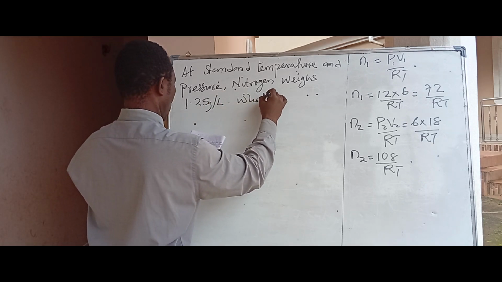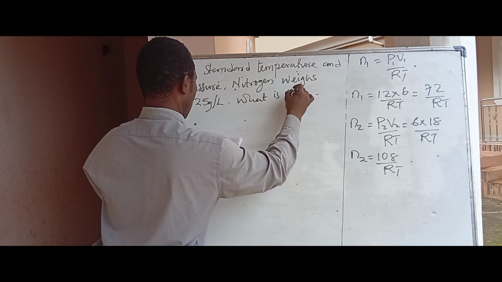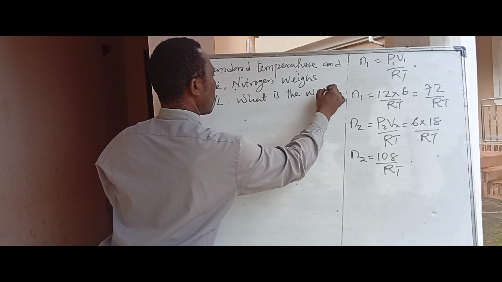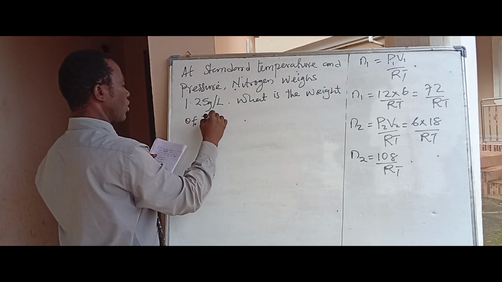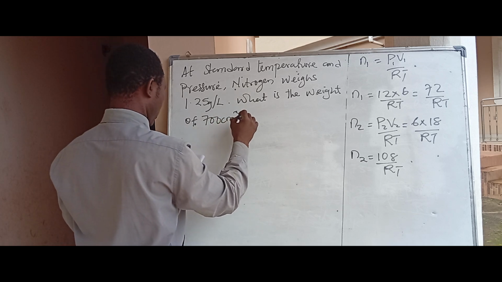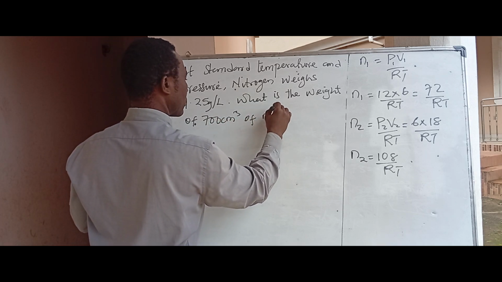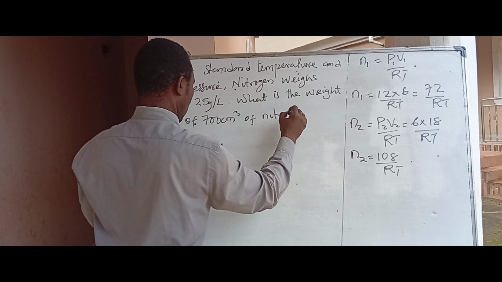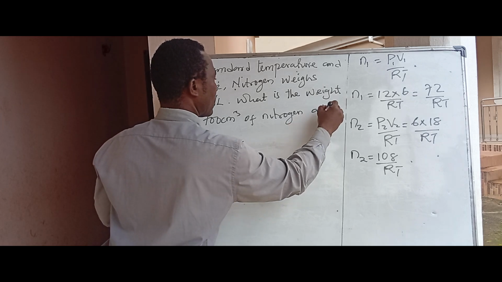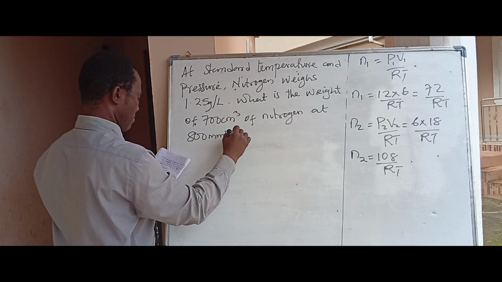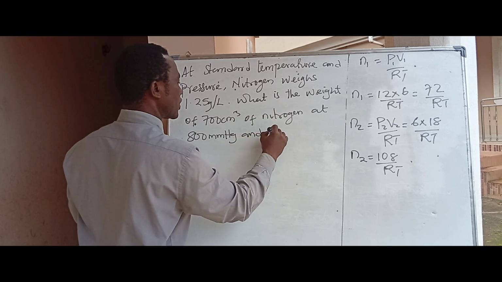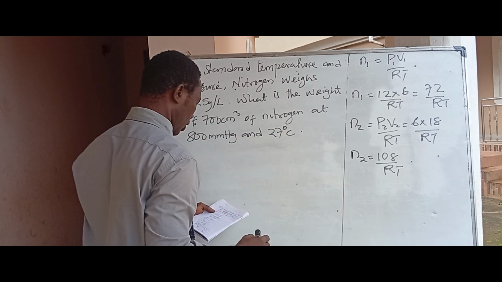What is the weight of 700 centimeter cube of nitrogen at 800 millimeter mercury and 27 degree Celsius?